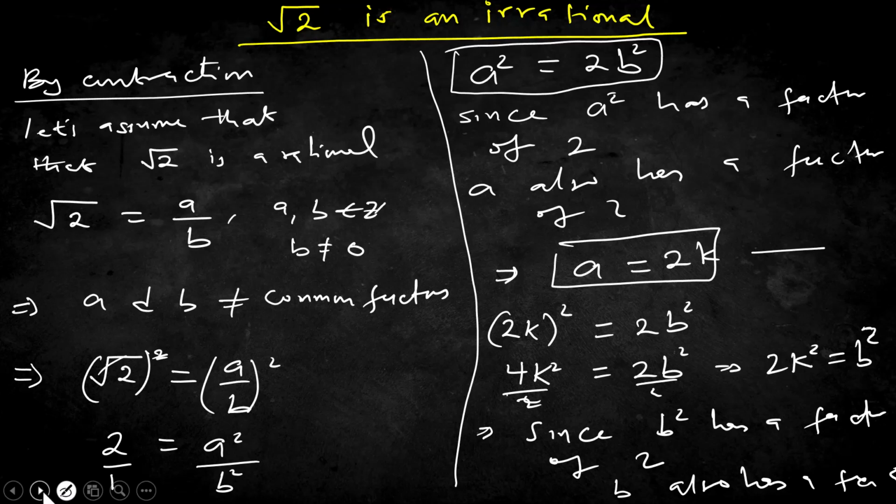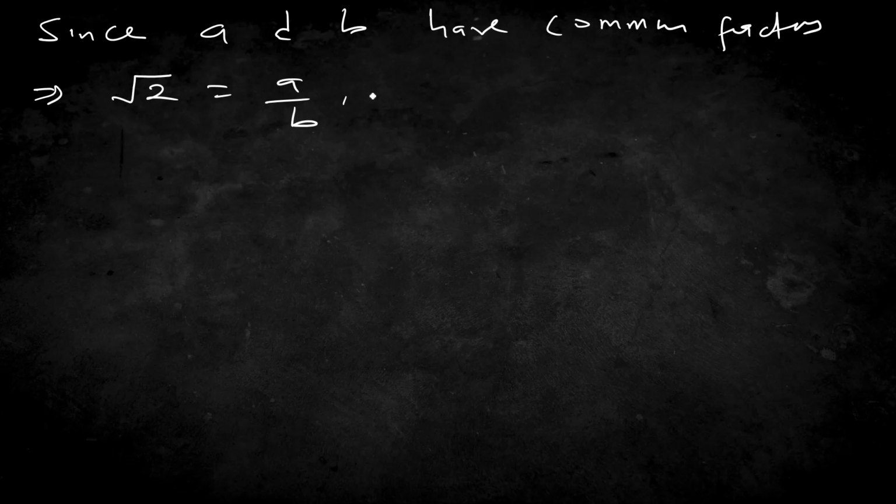Since a and b contradict, since a and b have common factors with 2, the assumption is not true.